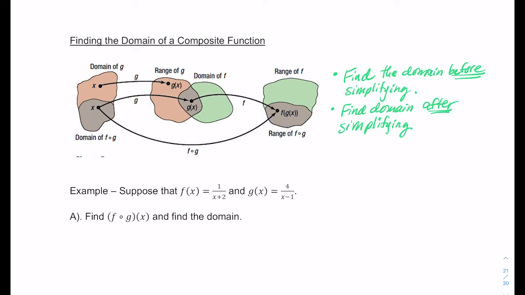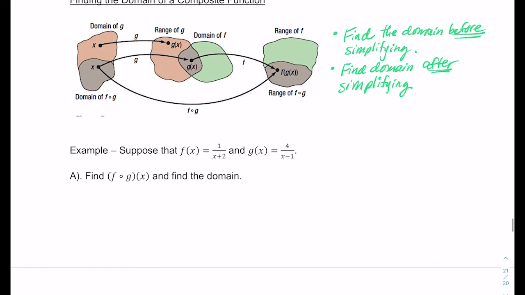So let's take a look at this example here. It says, suppose f of x equals 1 over x plus 2 and g of x equals 4 over x minus 1. Find f composed with g of x and find the domain. So here I'm looking for this. I need to take g of x and put it inside the f function. So f of x is 1 over x plus 2.